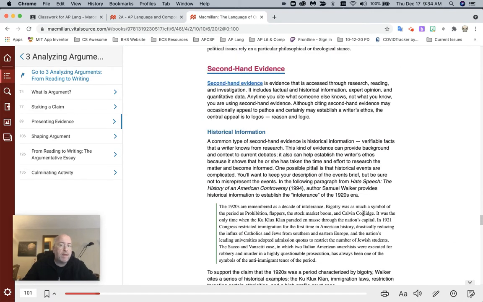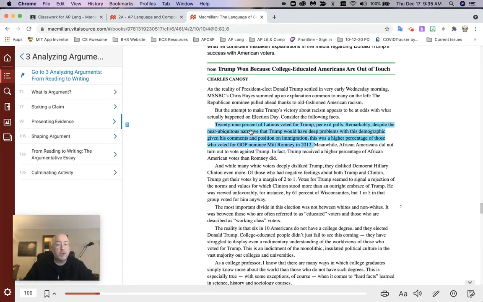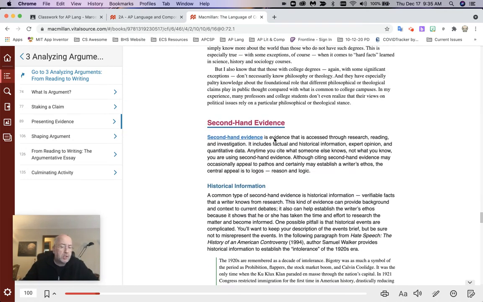Now, secondhand evidence, it's like it, only different. Secondhand evidence means they go through research, reading, investigation. This is stuff that I'm not seeing in the news right now. This is stuff we see in the news right now. It's current events. It's kind of firsthand, even though it's not his personal experience, he's reading the information right now versus history.